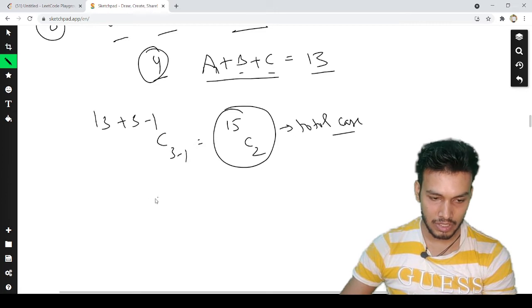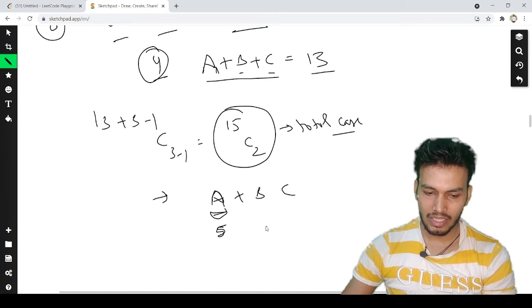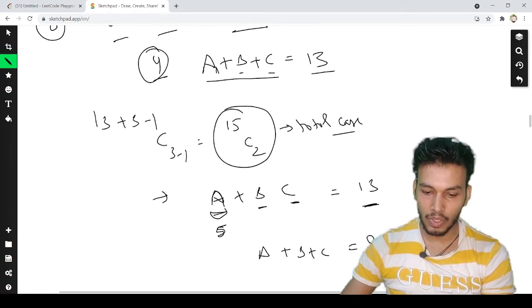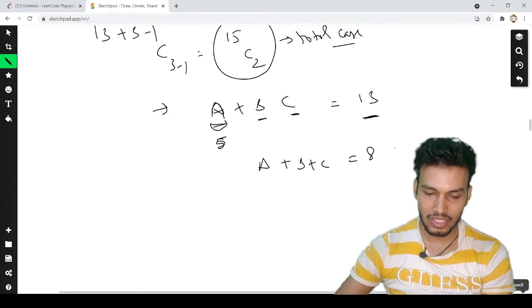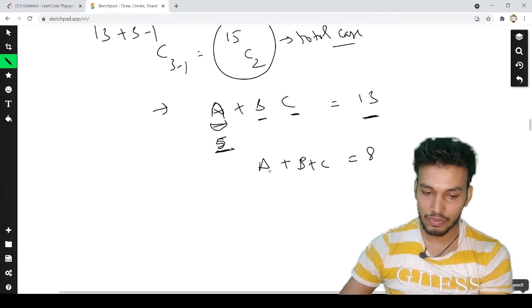So the first violation possibility is, let's say A plus B plus C, I gave 5 to A, and then I distribute to B and C as usual, right? In that case, the number left will be 13 minus 5, that is 8, so A plus B plus C equals 8. Now I distribute the remaining between three of them, so A may get 6, 7, 8, or whatever it is.